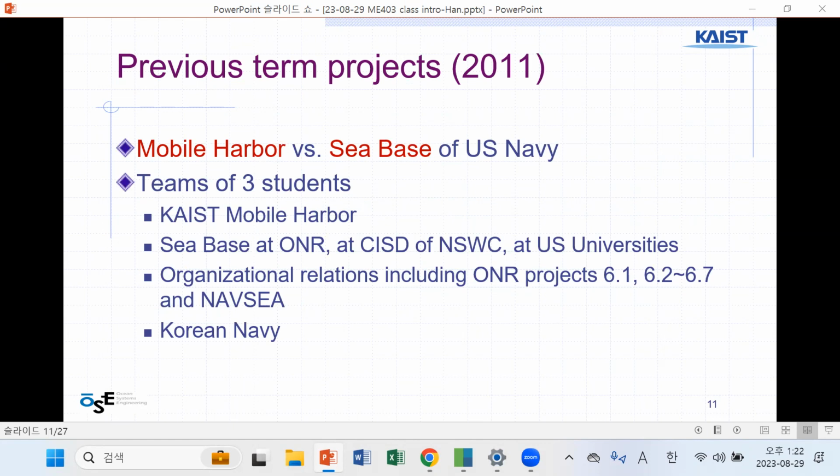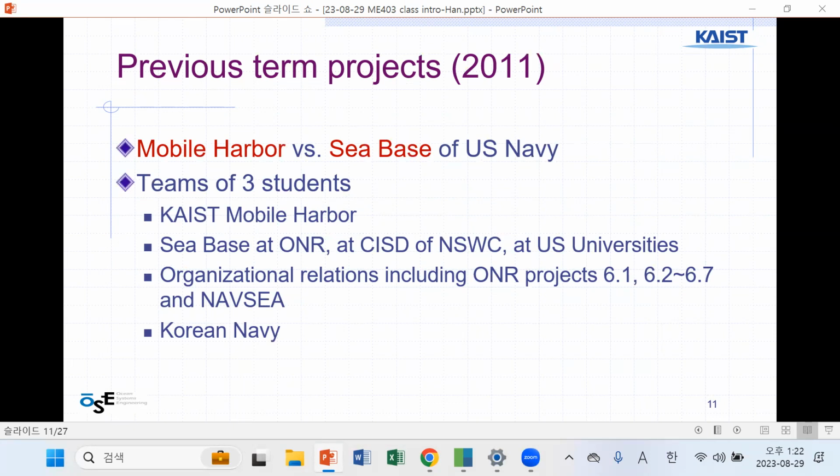For the team project, there are many because I have operated this classroom for many years already. So it's 12 years ago already. Mobile Harbor at that time was a big project inside KAIST. And Seabase is coming from the US Navy because the US Navy may have had a battlefield around the Middle East at the time.